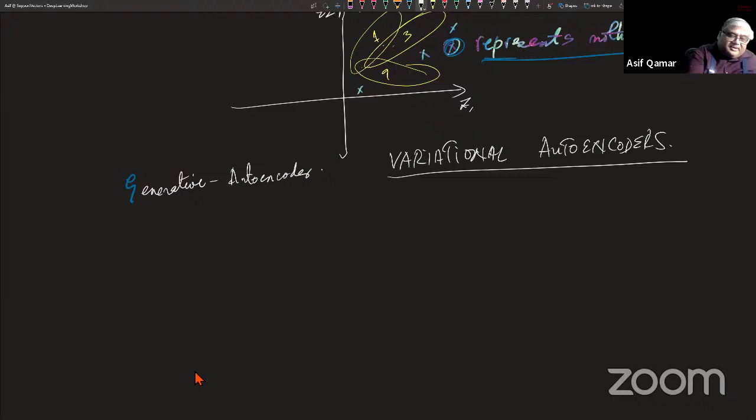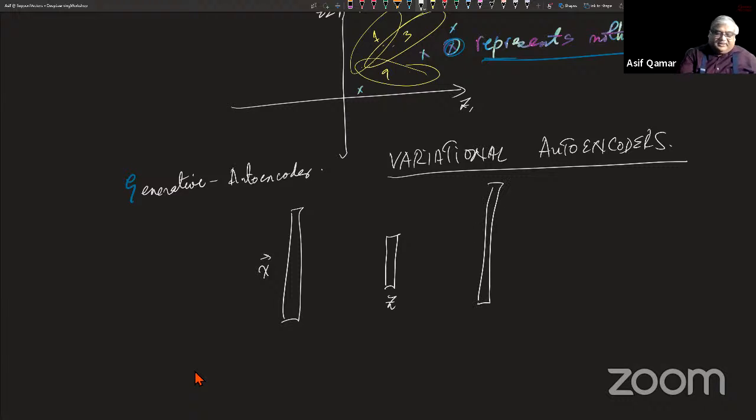So suppose you have this X going in. What happens is that it produces a Z, right? And then obviously there's a restoring part of it and so on and so forth. The way you look at it is you say that suppose X went in, what should be the Z signature?